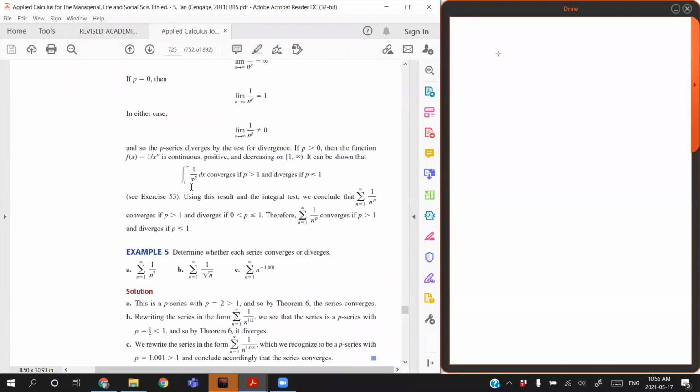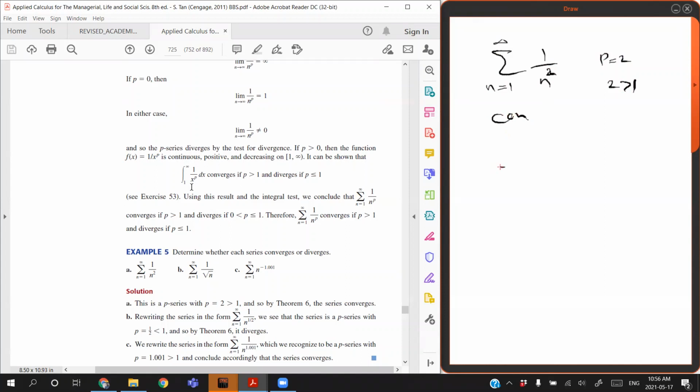So for example, this one here, sigma 1 over n squared, n from 1 to infinity, we have already shown that this is convergent using the integral test, but you don't need the integral test for this one. Why? Because it's a P series and P is 2. 2 is greater than 1, so convergent. That's it.